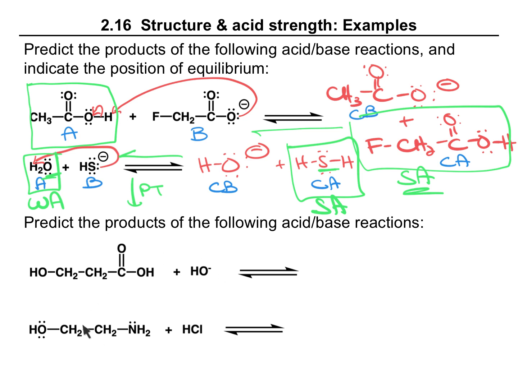And finally, we have two examples that we already looked at back on slide 12 when we were using pKa values. But let's try again to find our answers just relying on structural differences. So looking at the first one, hydroxide must be our base, and so this has to be our acid.